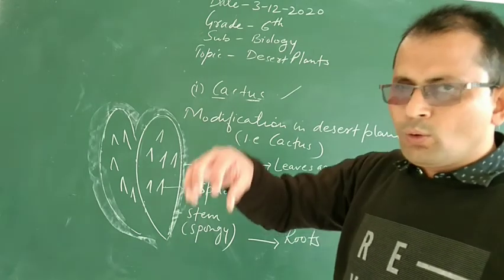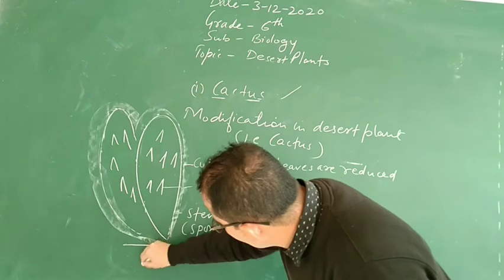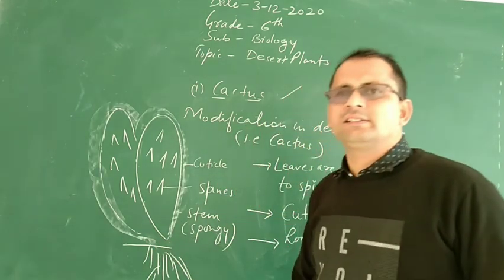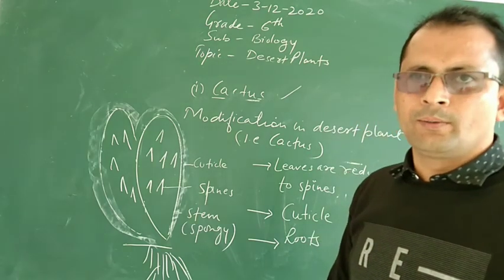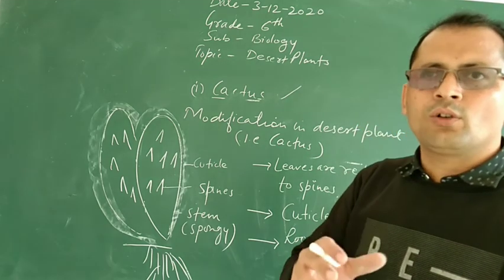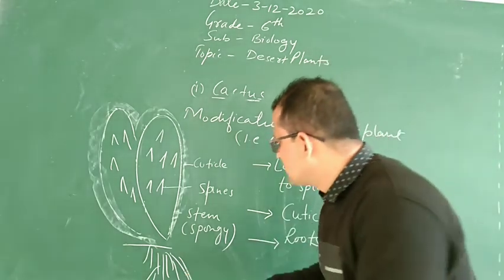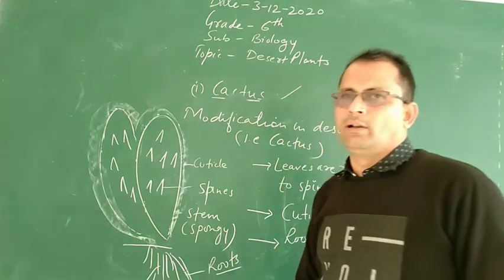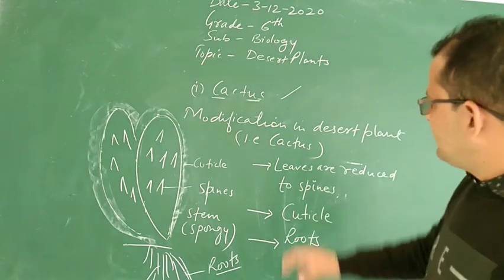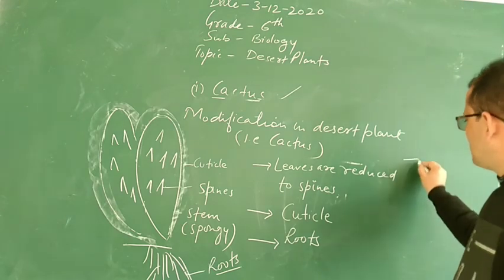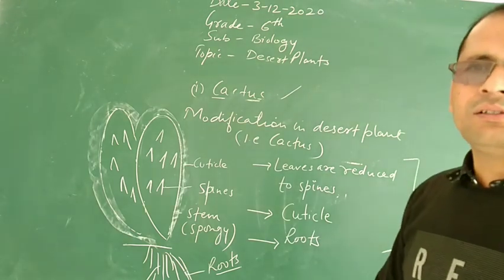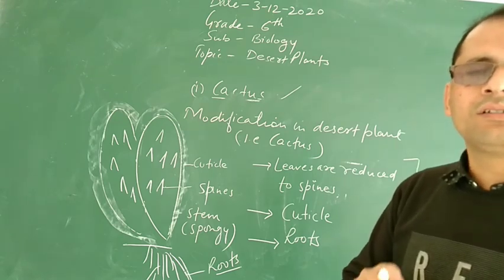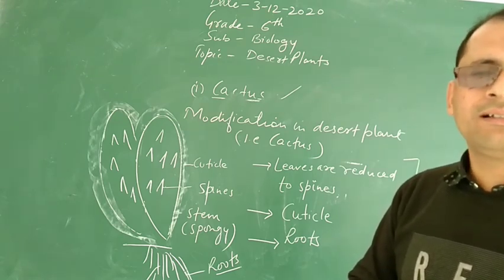So if the roots go deeper inside the soil, there are chances that they will get water. Okay, so in search of water, their roots go deep into soil. So all these modifications in the cactus plants help the cactus to survive in the desert area.